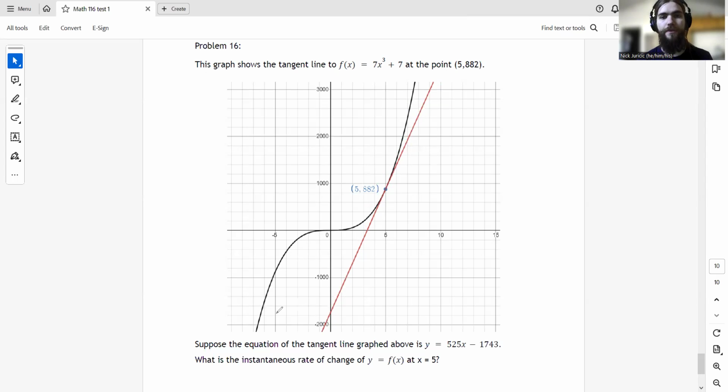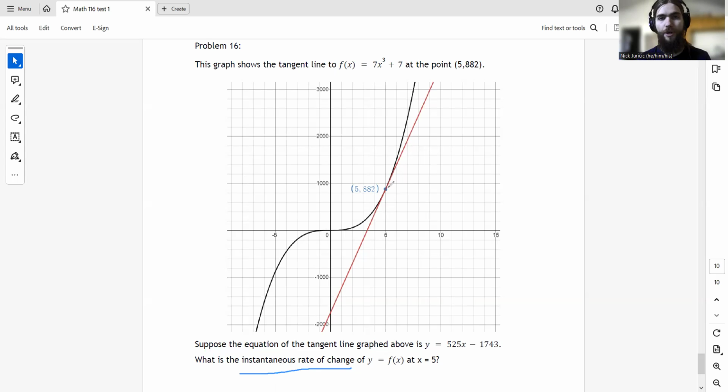Suppose the equation of the tangent line graphed above is y equals 525x minus 1743. When we're asked, what's the instantaneous rate of change of y equals f of x at x equals 5?